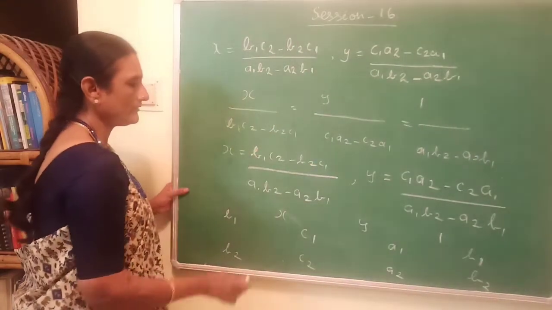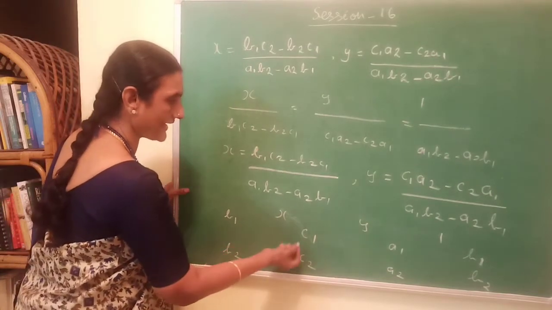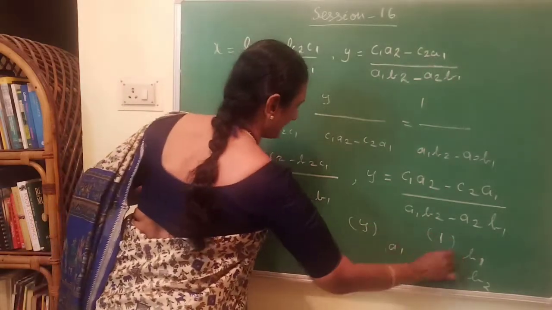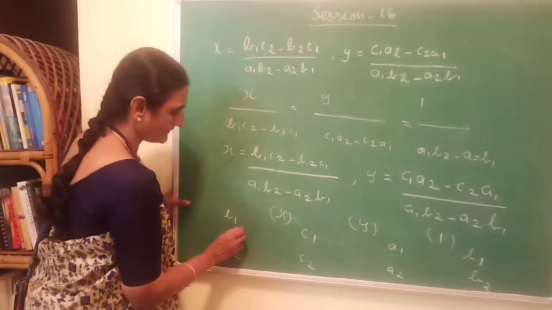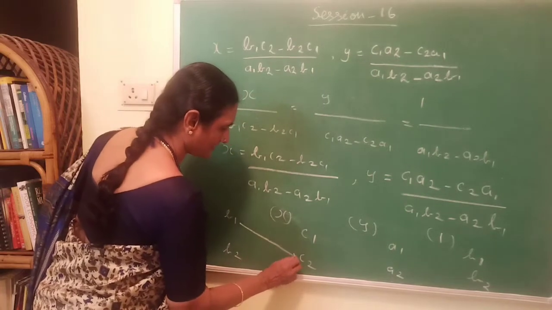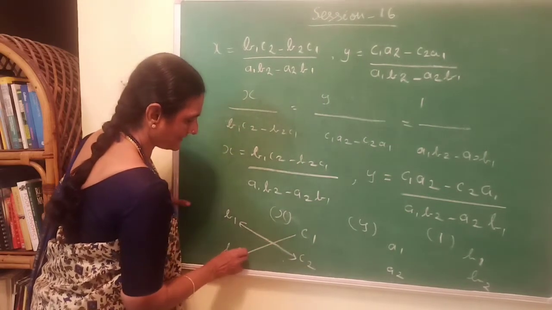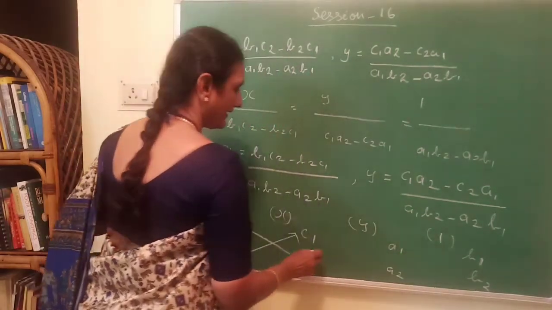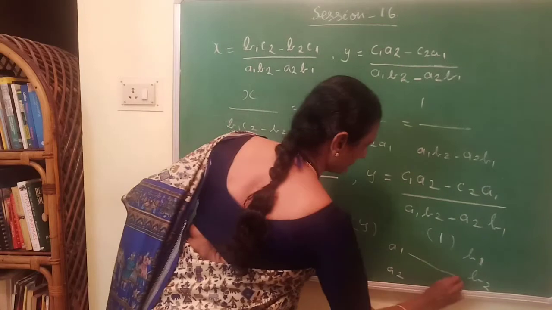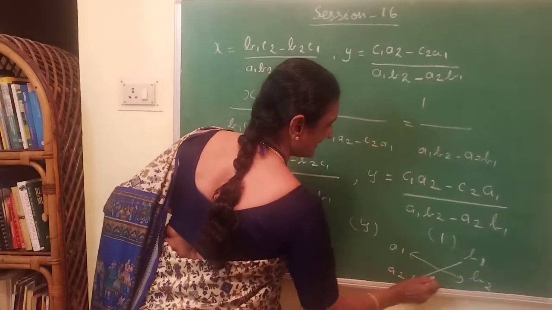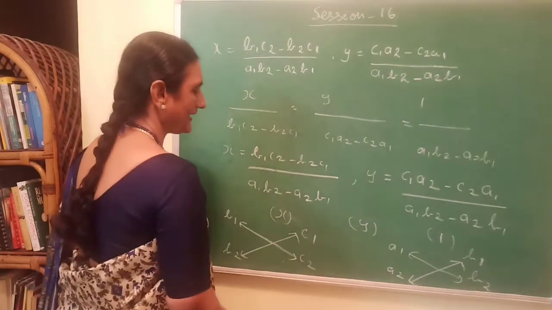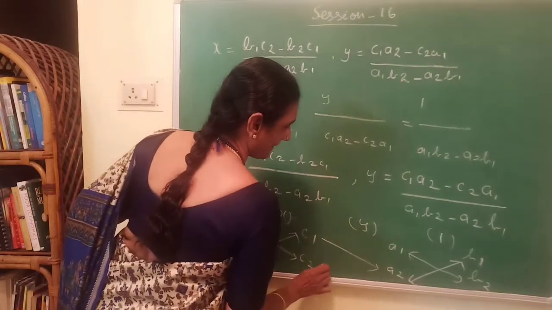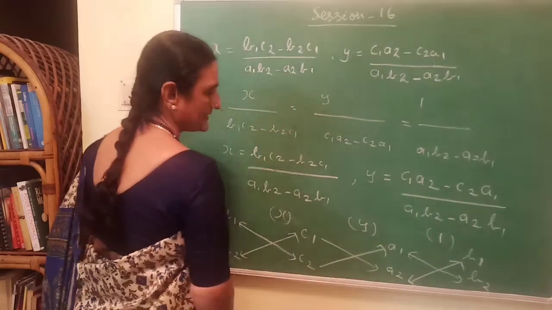Now, in order to get x, we can keep it like this. Cross multiply: b1 c2 minus b2 c1, and then here a1 b2 minus a2 b1, and in order to get y we need c1 a2 and c2 a1.